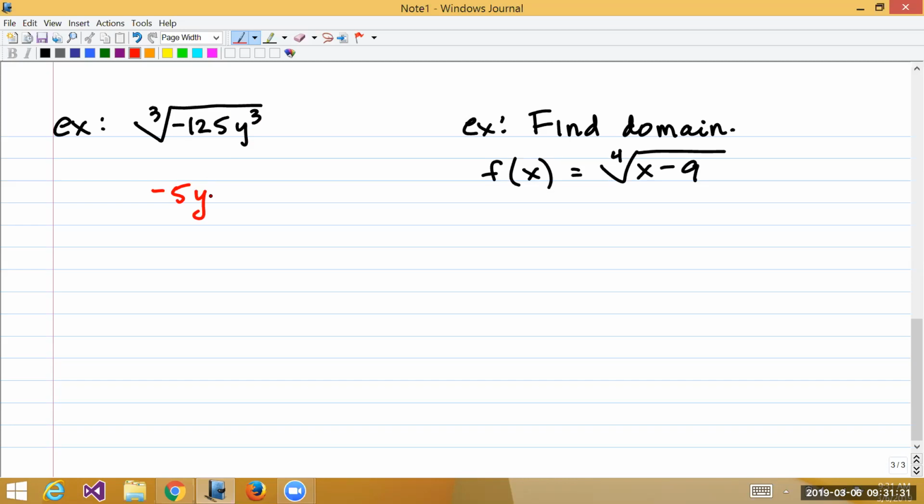And let's go ahead and find the domain here for the function f of x equals the 4th root of x minus 9. So if you remember, anytime you have an even root, the only way to find a real solution is if the inside is positive.